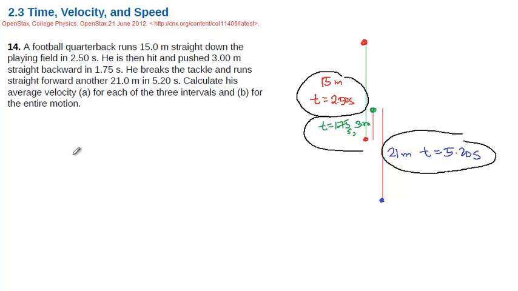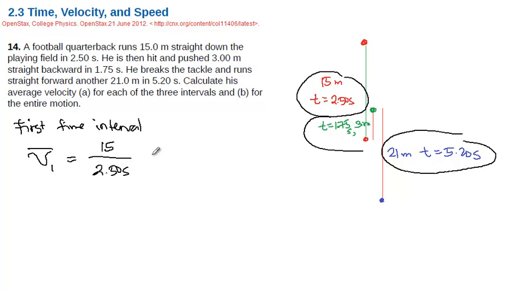So let us see the first time interval. What is the average velocity there? Let's call that v1. The average velocity is the change in position, 15 meters, over a period of 2.50 seconds.